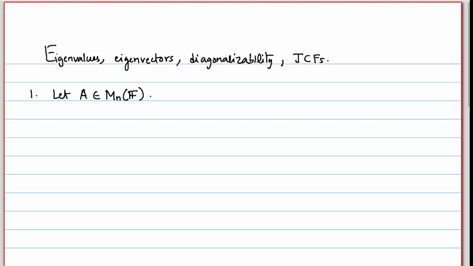Then lambda is an eigenvalue of A if and only if the determinant of A minus lambda I is 0, okay, right?